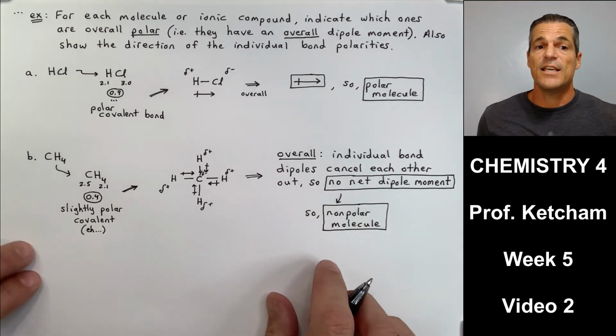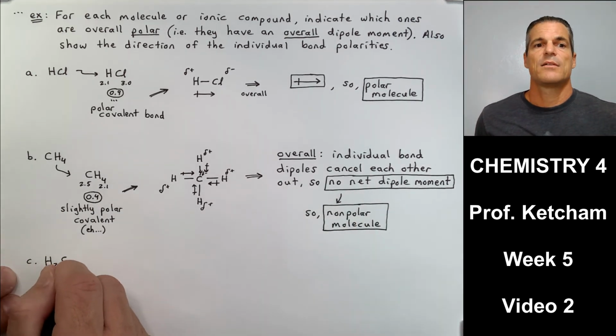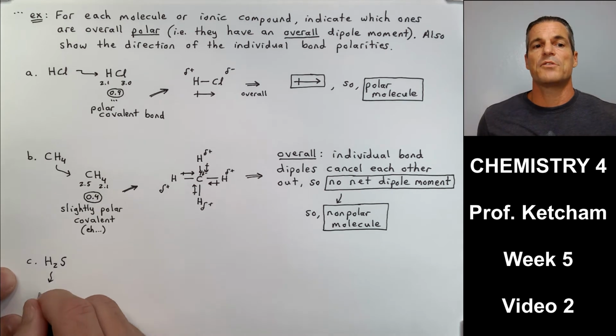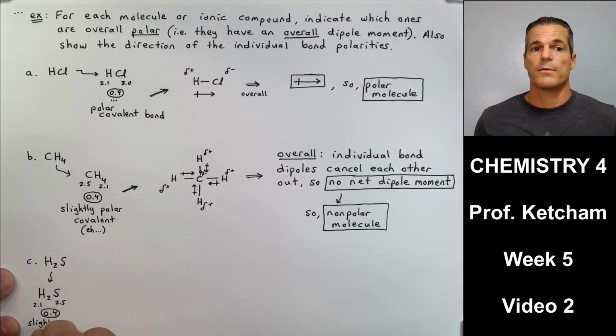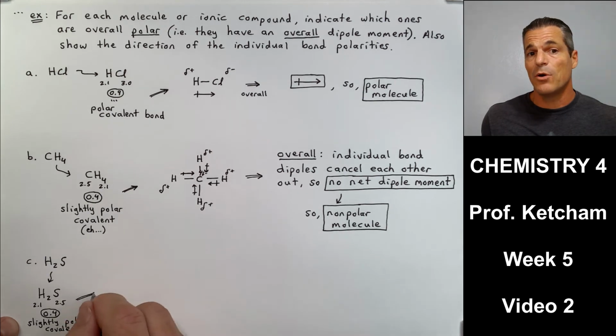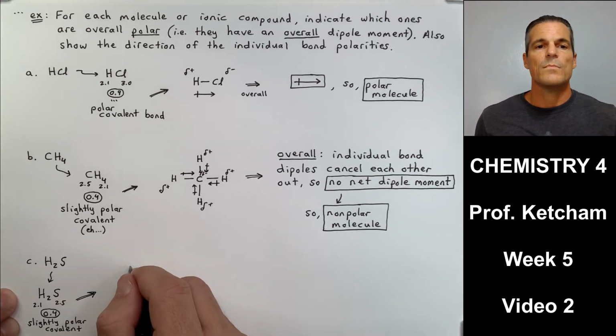All right, C, H2S. So H2S, I look up the electronegativity for hydrogen, I look up the electronegativity for sulfur, and I see that the difference is 0.4, okay? 0.4 is just like we got in the last example. This is slightly polar covalent, all right?